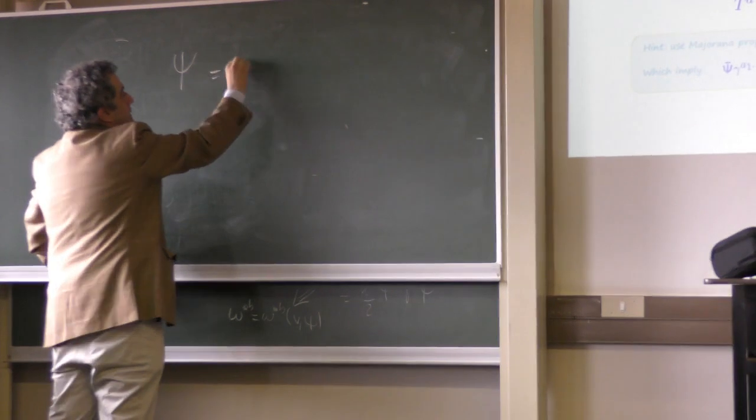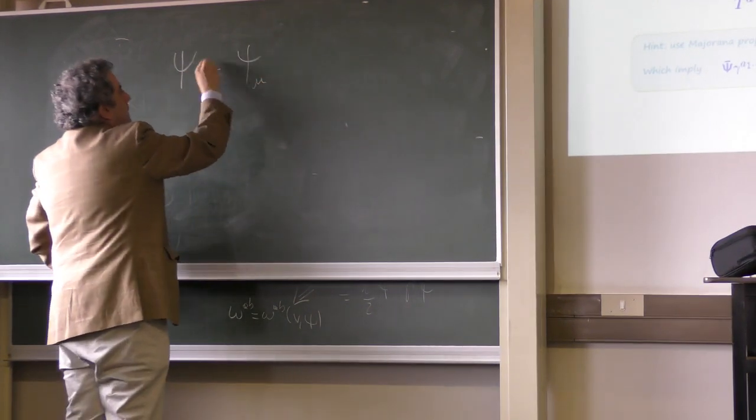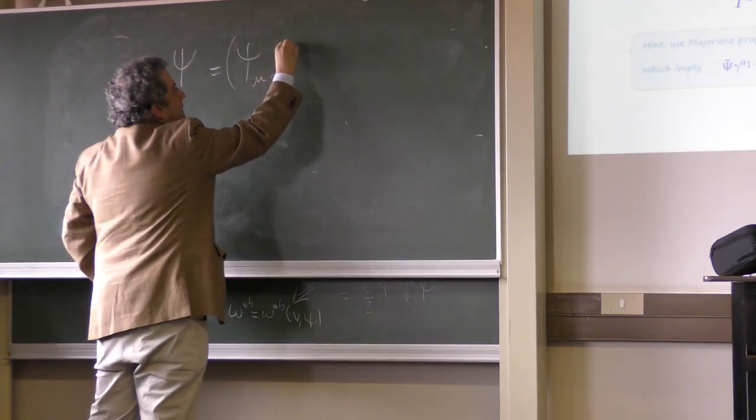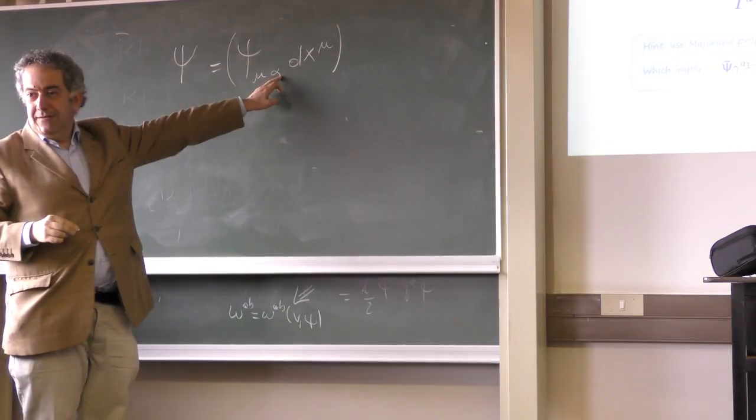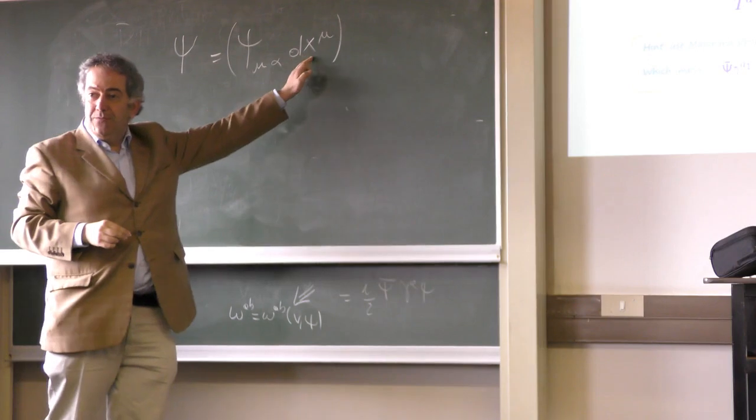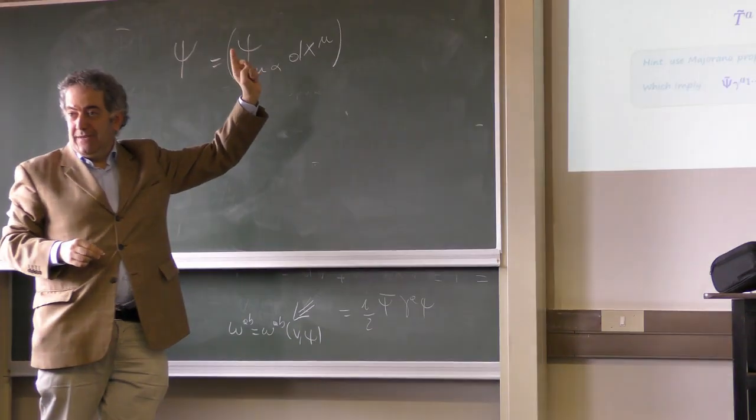Psi is psi mu alpha dx mu. So I'm suppressing alpha, and mu is contracted with dx mu. So it's a one-form field.